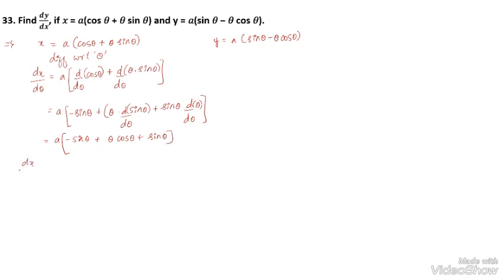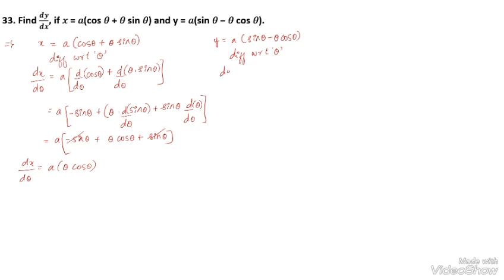Therefore, dx by d theta is equal to minus sin theta plus sin theta gets cancelled, a into theta cos theta. Again, I can take the differentiation of y with respect to theta.